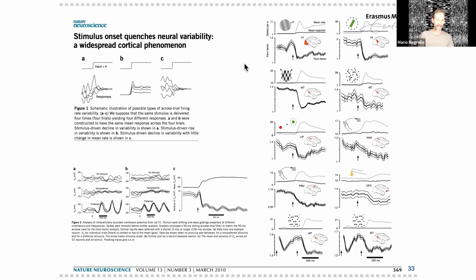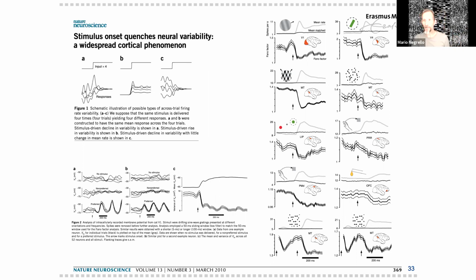So here in this case, in A, B, and C, we're representing three possible hypotheses about what the trial-to-trial variabilities in firing rates are. It can be, if you present the stimulus 4 times, that the responses all reduce the variability by converging into 1 pattern only, by converging into 4 patterns only, or by having substantial variability and converging into it.